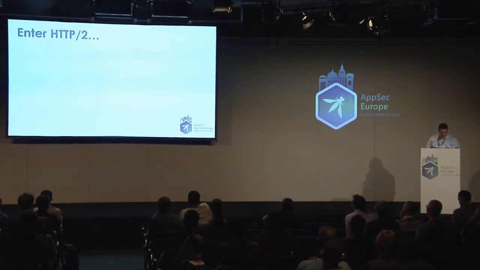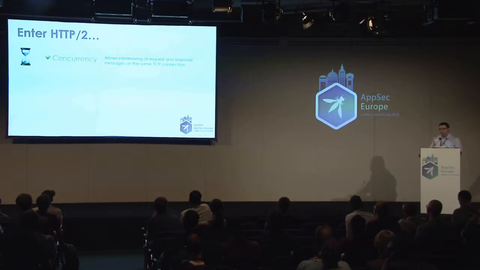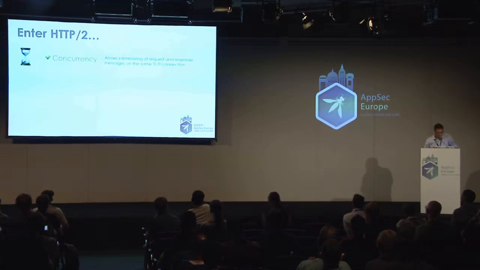So now enters HTTP 2. For the concurrency problem, HTTP 2 is using a single TCP connection. Everything is done in a single constant TCP connection, and multiple requests and responses are interleaved on that TCP connection.